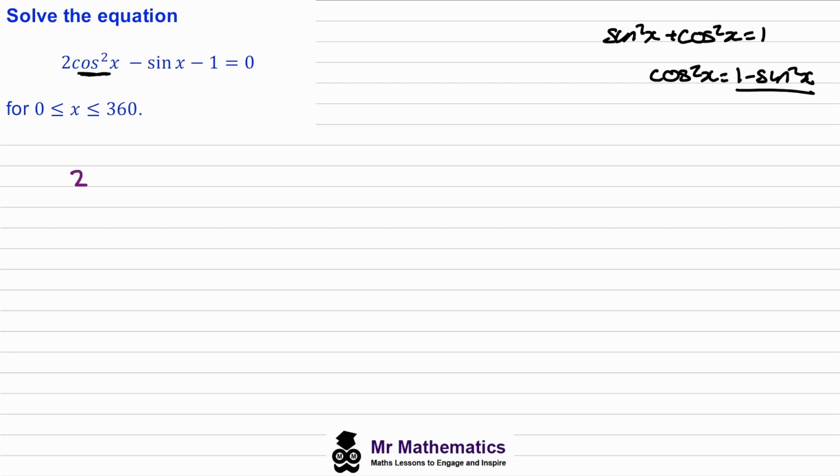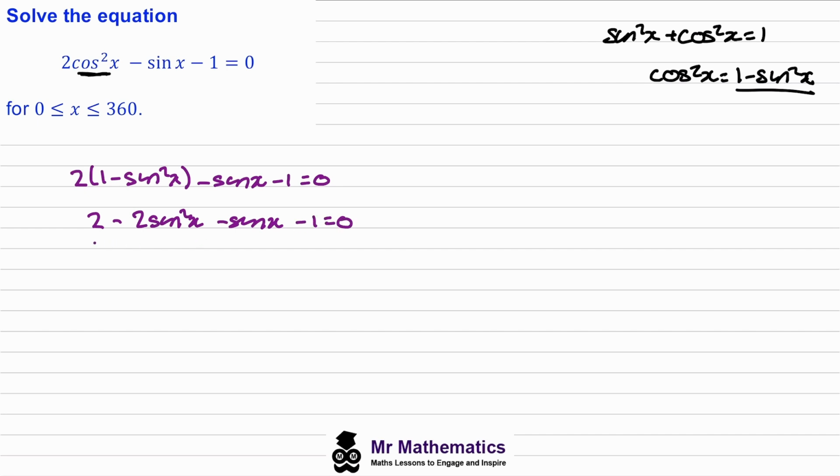So we've got 2 lots of 1 minus sine squared x minus the sine x minus the 1 will equal 0. We can expand out this bracket, so 2 minus 2 sine squared x minus sine x minus 1 equals 0.